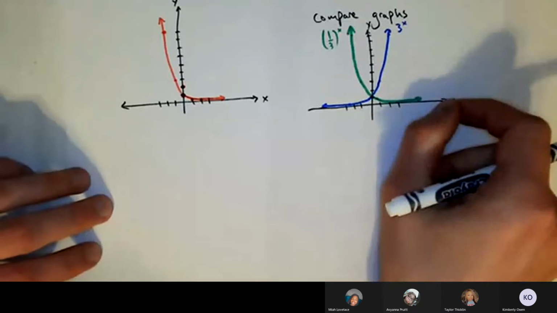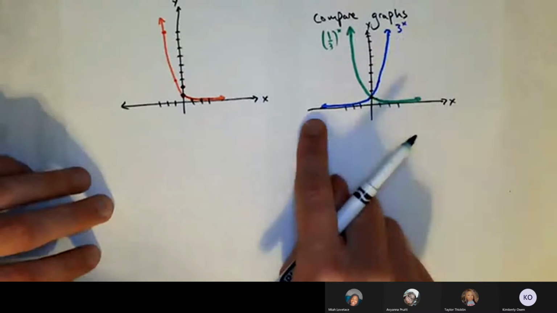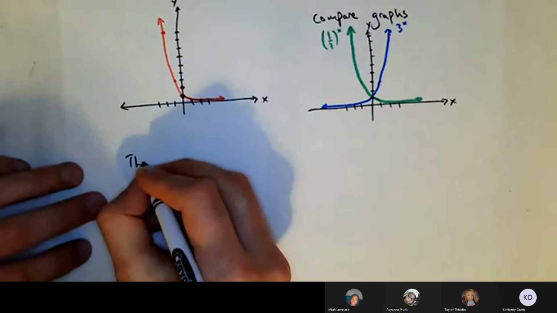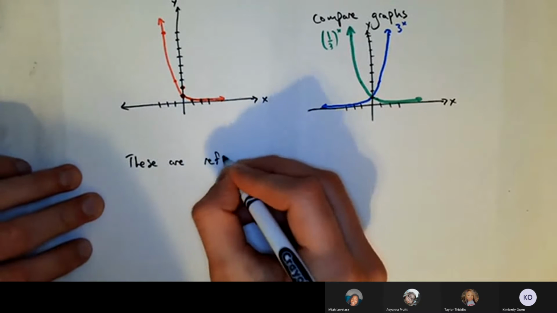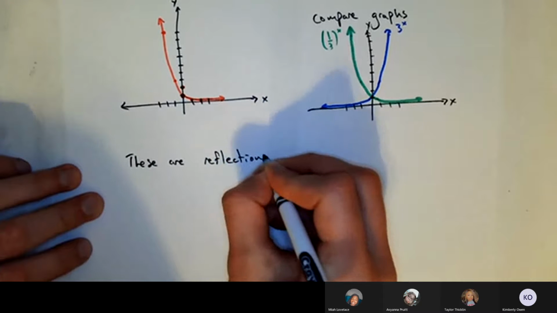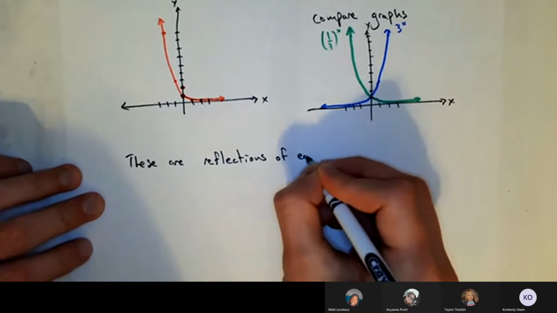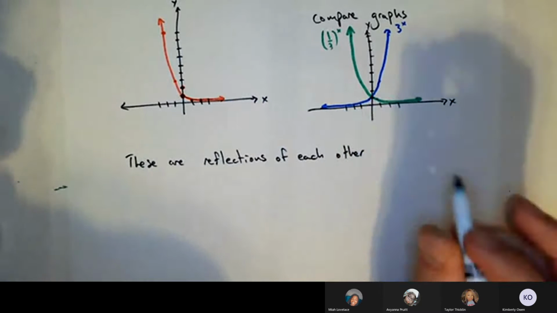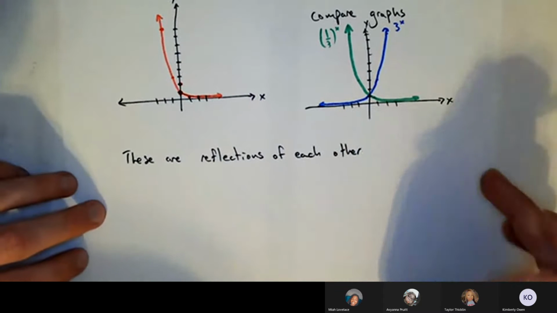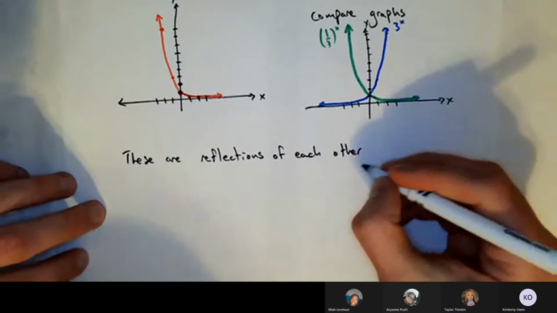If I take this green function and flip it over the y-axis, then I'll get the blue function. So these are reflections of each other over the y-axis. And does anyone remember what we have to do to a function to make it reflect over the y-axis?